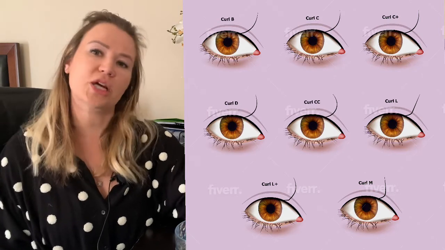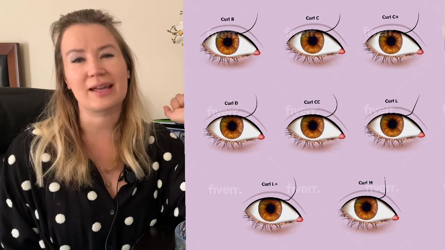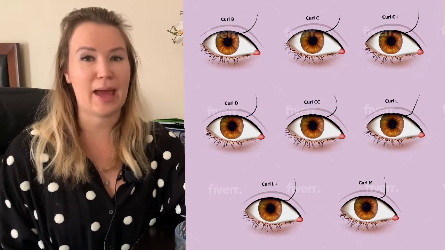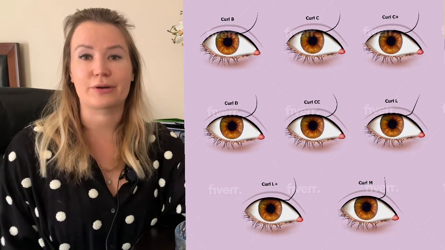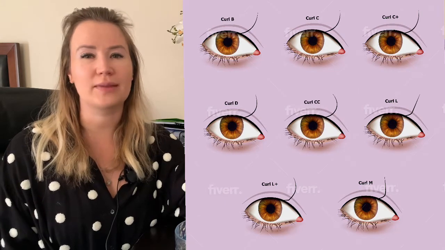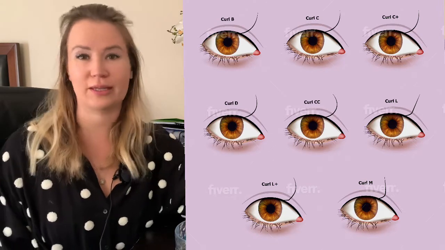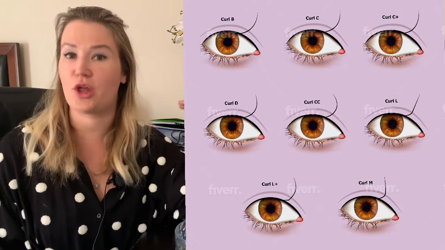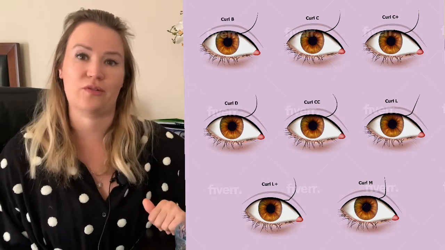So which kind of clients would this curl be appropriate for? It would be appropriate for clients that are really, really natural, older, more mature clients that really just want a little bit of an extra look, like they're wearing a little bit of mascara, but not too much. You have to keep in mind, it has absolutely no curl whatsoever.